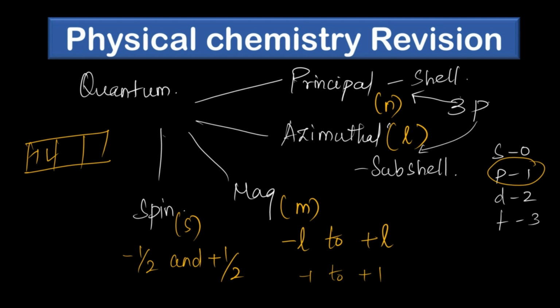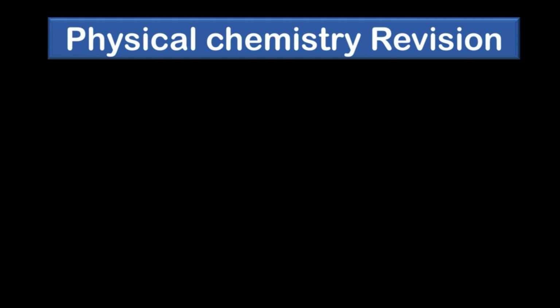What else can be asked from quantum numbers is that they will ask you which of the following is making sense and to find out the quantum number, those types of questions. I have given you the formula.